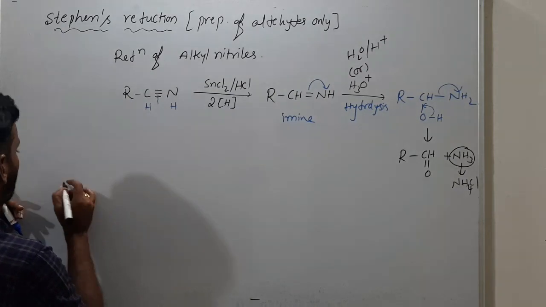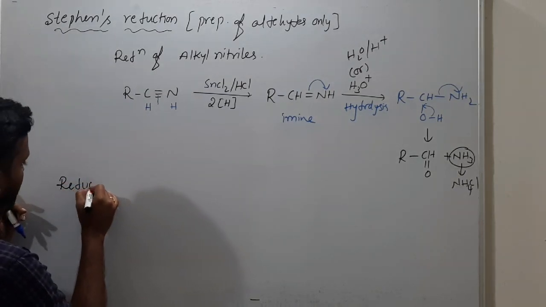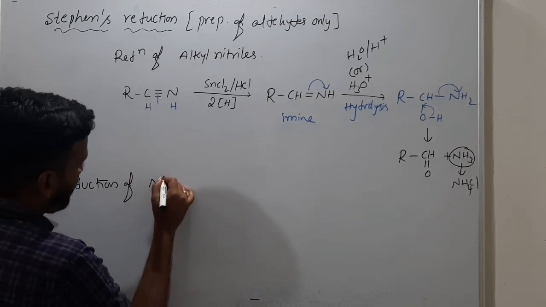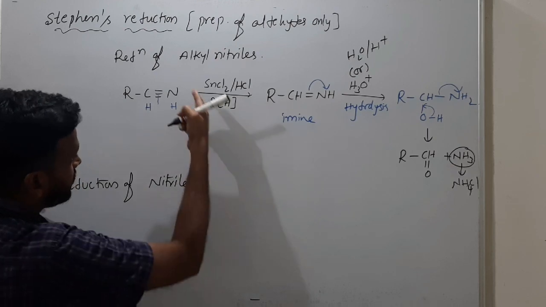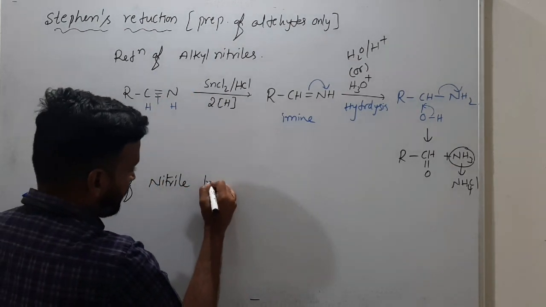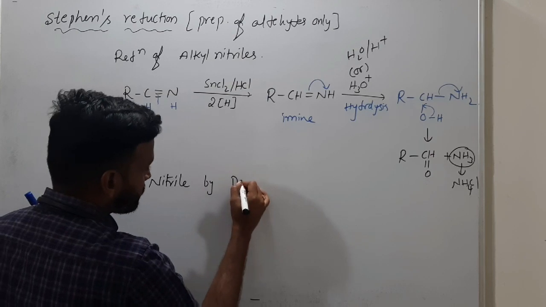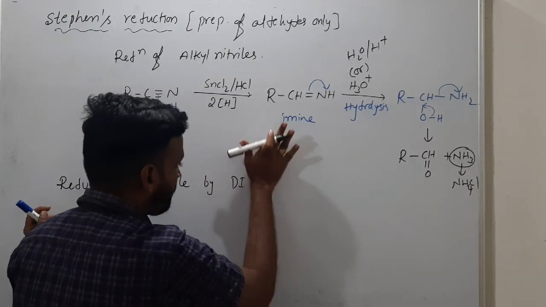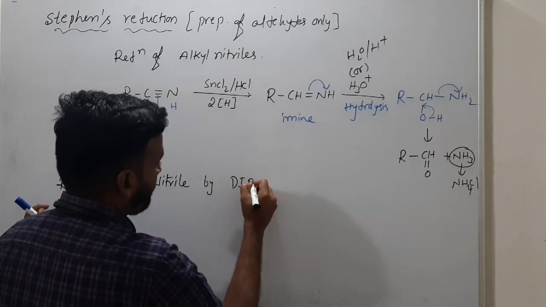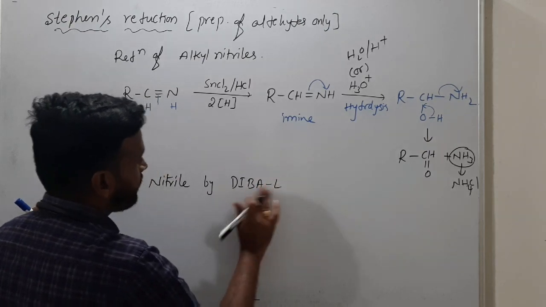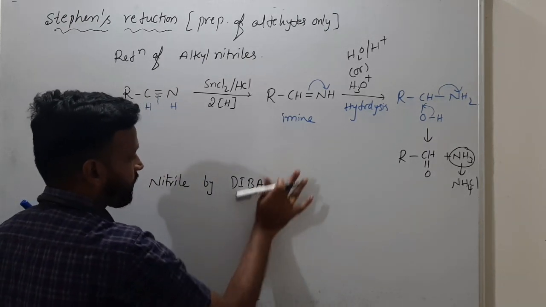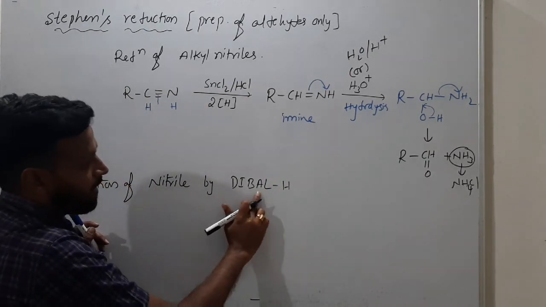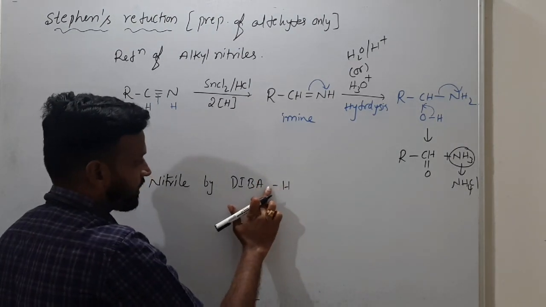Okay, so next, reduction of the same nitriles. Nitriles means these cyanides, by using DIBAL-H. D-I-B-A-L, DIBAL-H. Diisobutyl aluminium hydride, Al means aluminium.